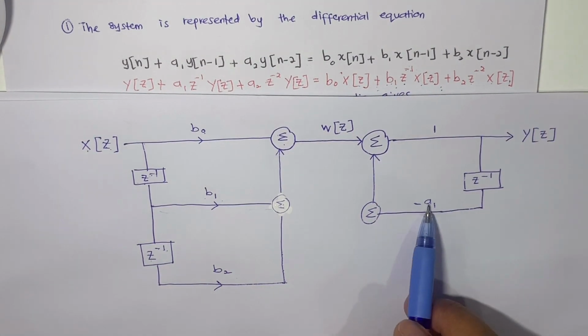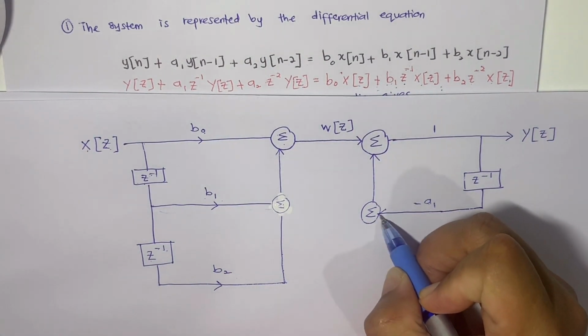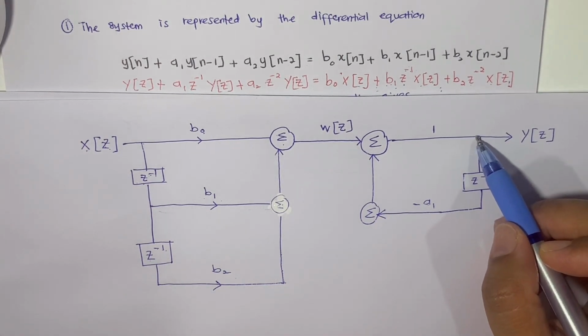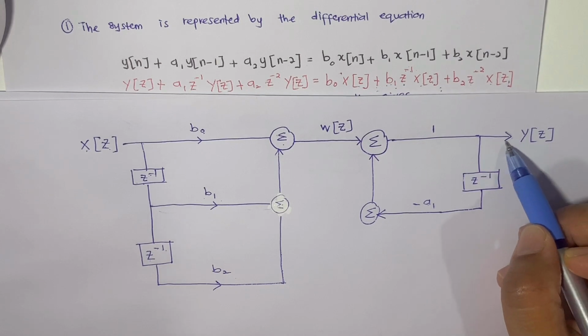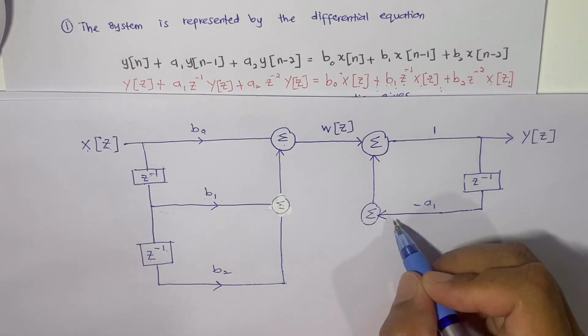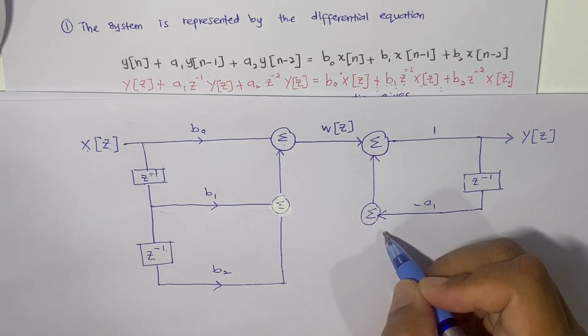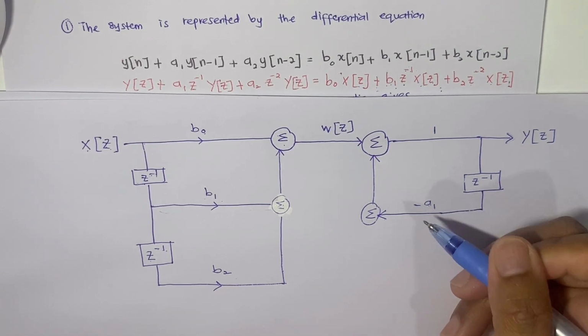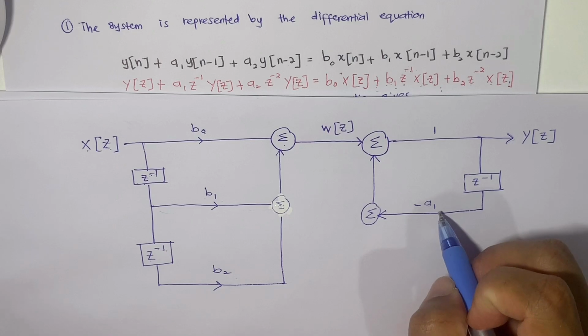Okay, why negative A1? Because of the arrow here. So this is the different arrow. This arrow shows the right side arrow, and this arrow is at the left side arrow. So you must change this one to negative A1.